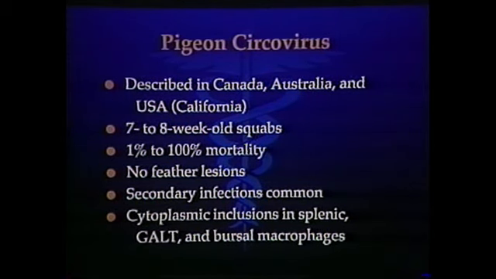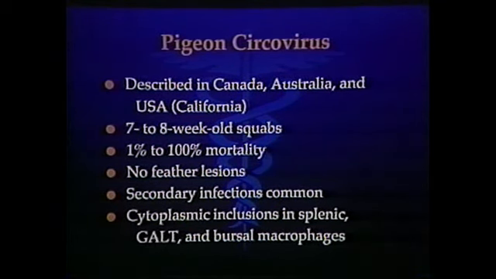The bursa may be abnormal grossly, but feather lesions generally are rare. To my knowledge, there's only one description of feather dystrophy with circovirus infection in racing pigeons. Secondary infections are diverse and severe and may include viral, bacterial, fungal, and parasitic diseases.